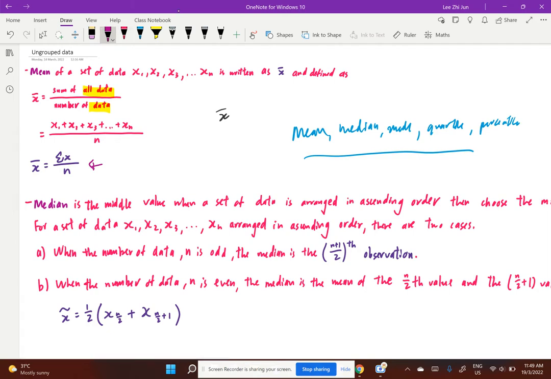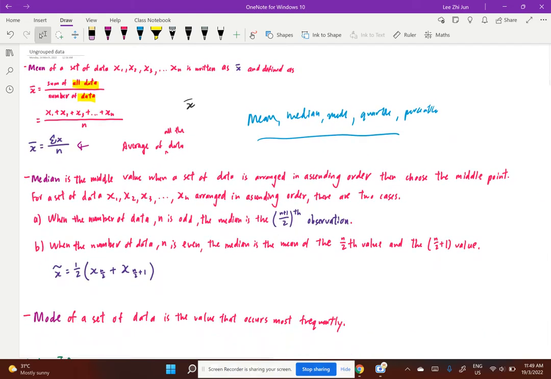Sigma x is the sum of all data, and n is the number of all the data. So the conclusion is the mean is the average of all the data. The median is the middle value of a set of data in ascending order.